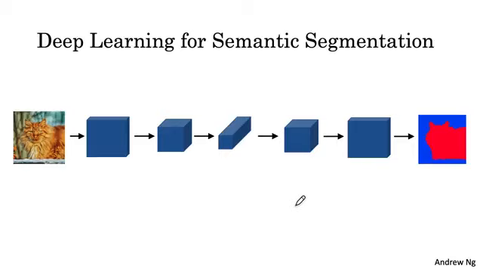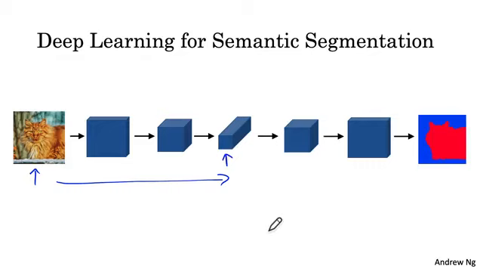Here's our rough diagram of the neural network architecture for semantic segmentation. We use normal convolutions for the first part of the neural network. Similar to the earlier neural networks that you've seen, this part will compress the image. You've gone from a very large image to one where the height and width of this activation is much smaller.